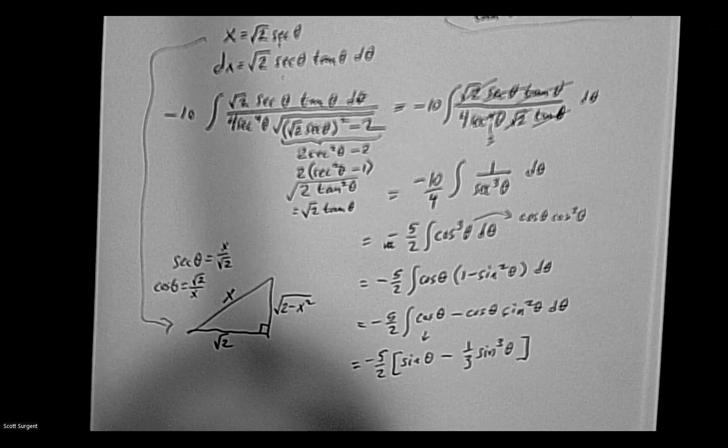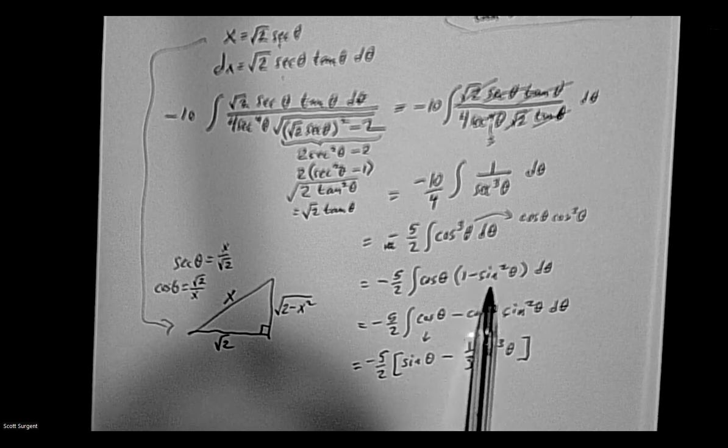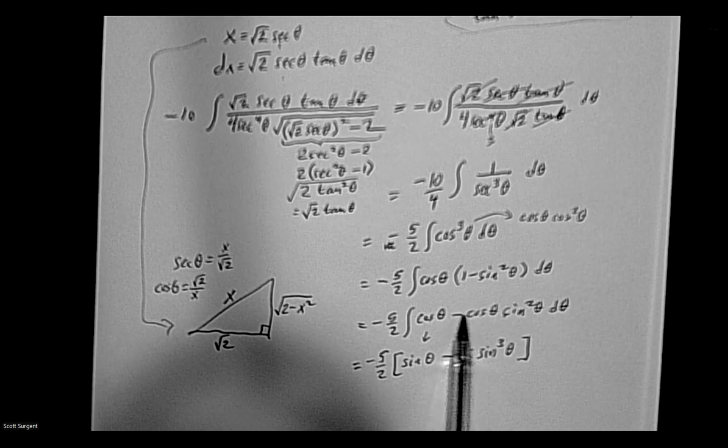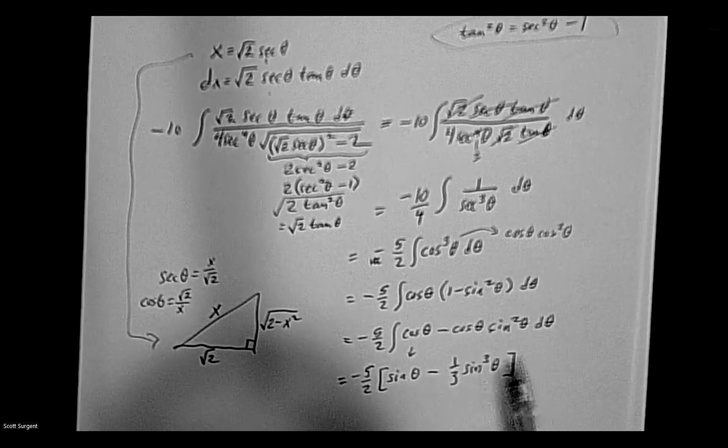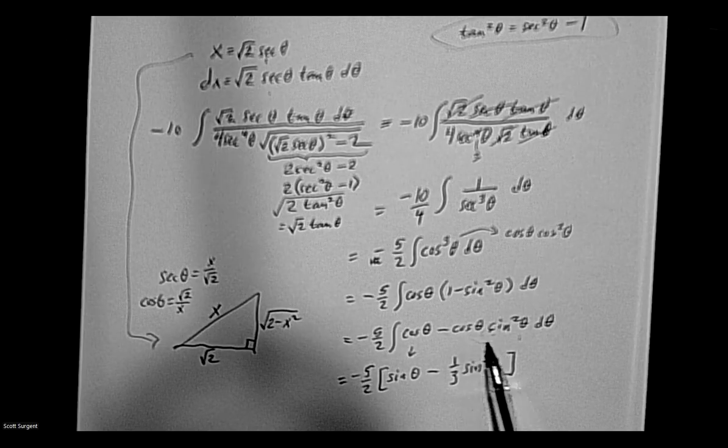Yes, sir. All righty. I actually have a quick question about the previous step you were on. For the cosine and then sine, does it matter what you make the u substitution? If I made u sine and then du cosine or whatever, does it matter what you do with that?